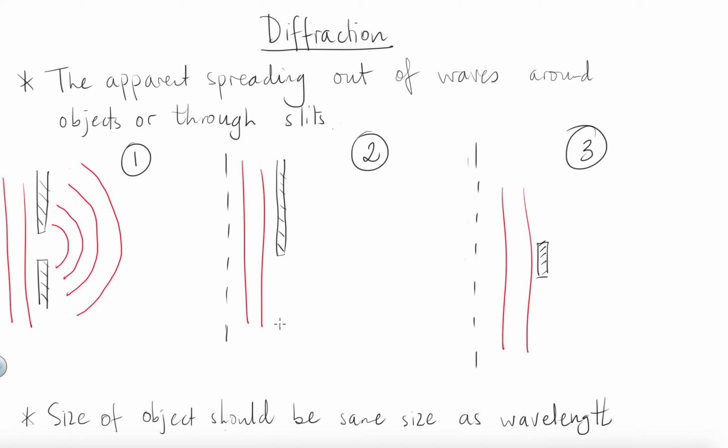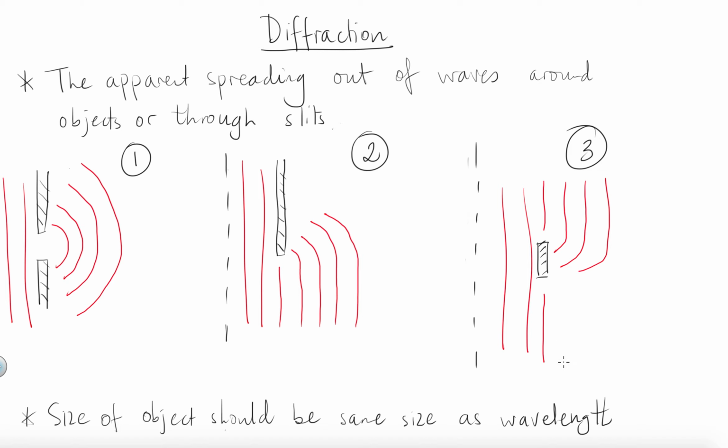At the edge, this part of the wave will still be planar, but this part of the wave will be curved. And around the single object, we'd have planar waves either side, but then the wave would bend around this side, and it would also bend around this side.